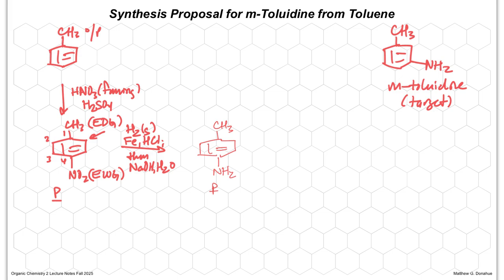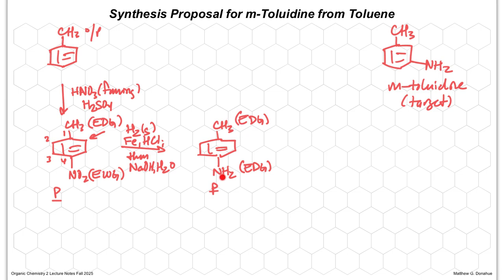But what we've done now is switch the reactivity, so we have an electron donating group and an electron donating group. The para position for both is blocked. It's already substituted. Methyl directs primarily through induction, so that's weaker. So it would direct here, that's the ortho position to the methyl.